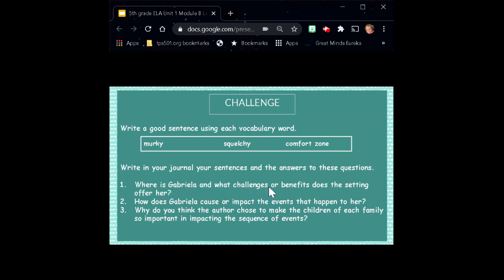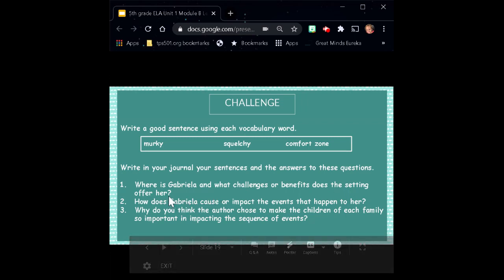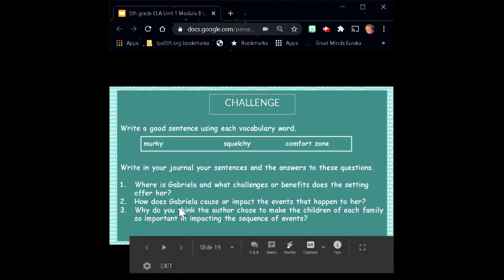Where is Gabriella, and what challenges or benefits does the setting offer her? How does Gabriella cause or impact the events that happen to her? And why do you think the author chose to make the children of each family so important in impacting the sequence of events?